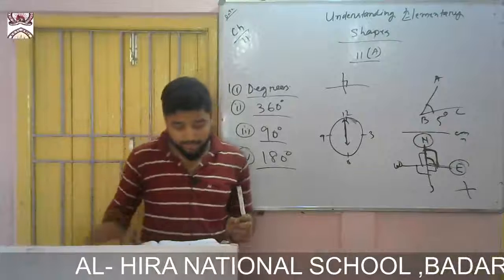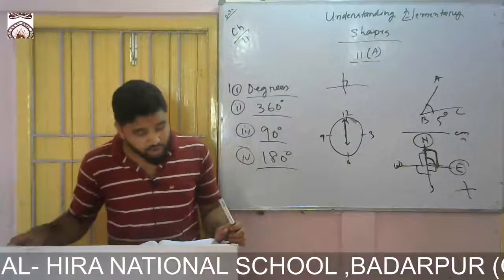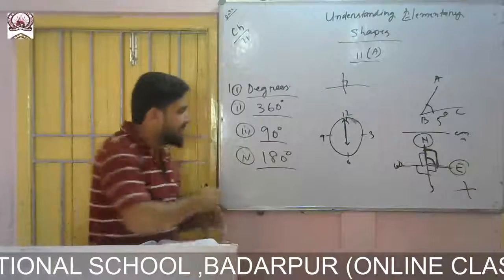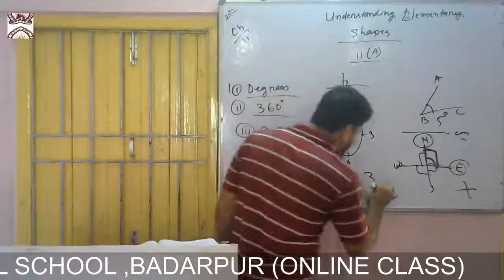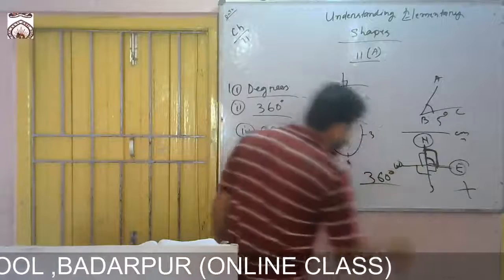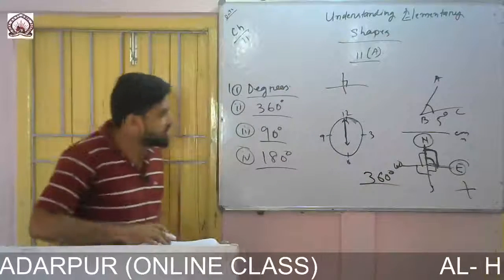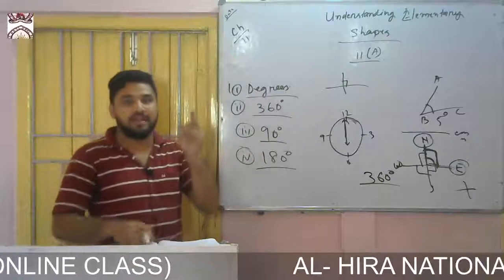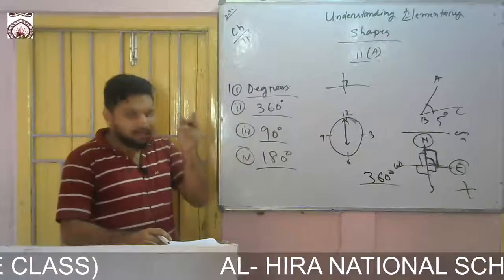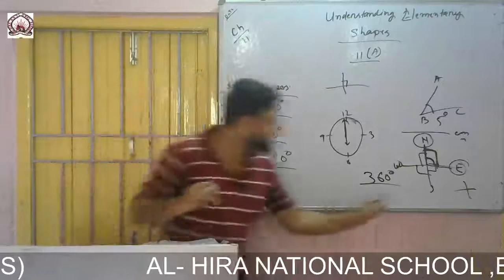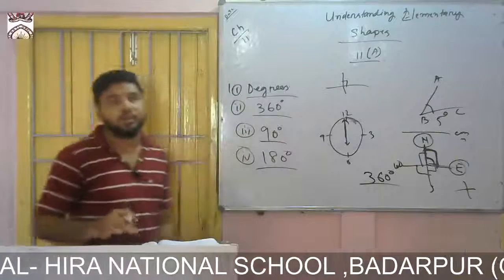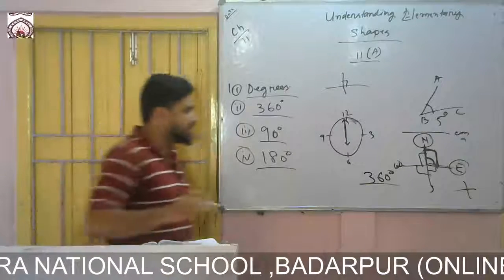So whenever the minute hand moves 1 minute, it covers the seconds. 1 minute equals 60 seconds.